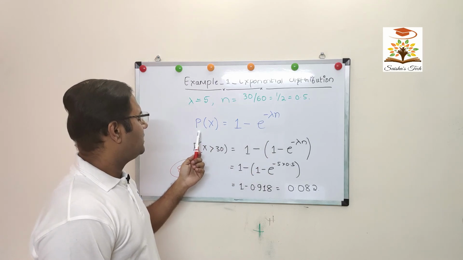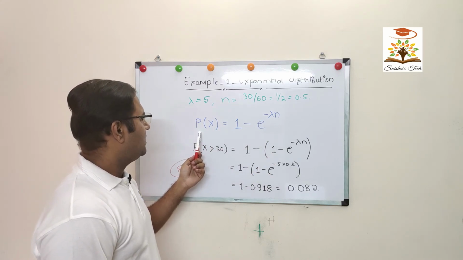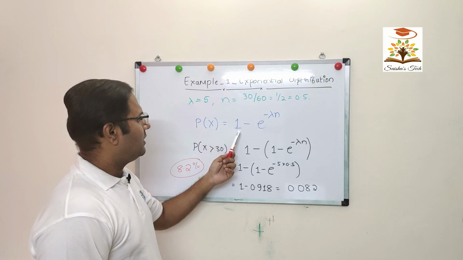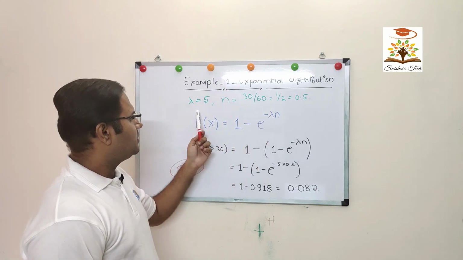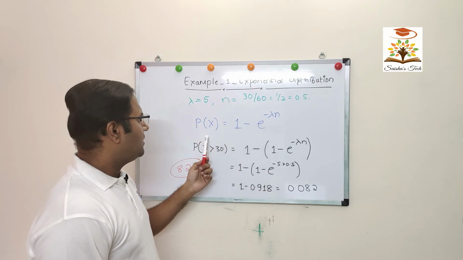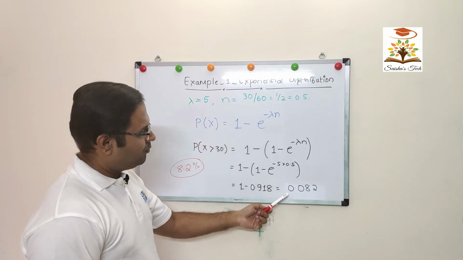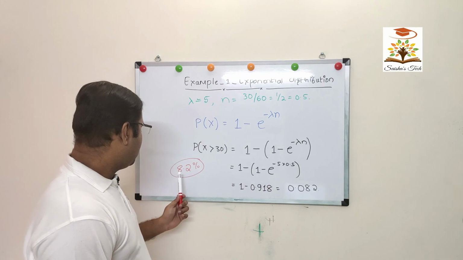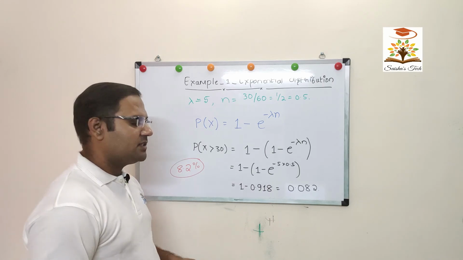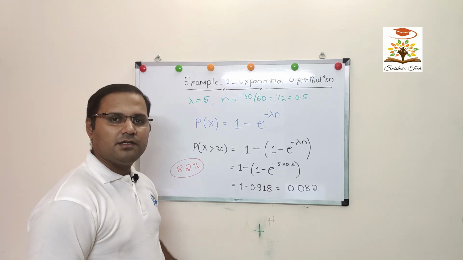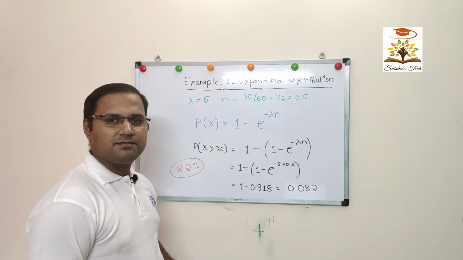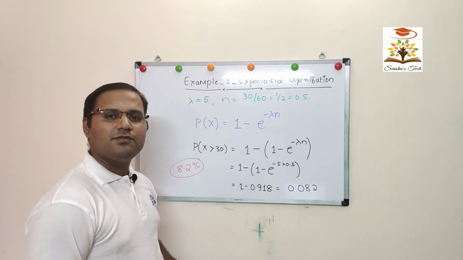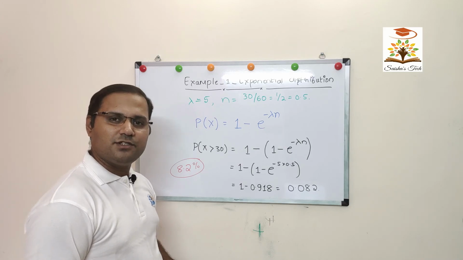The probability density function for the exponential distribution p of x is equal to 1 minus e raised to minus n lambda. Substituting these values into the function, we get 0.082. That is, we have an 8.2% chance of the gap between two calls being more than 30 minutes. These are some of the examples of exponential distribution.